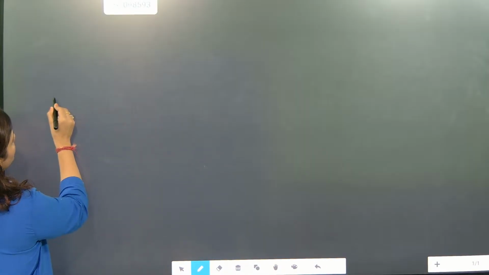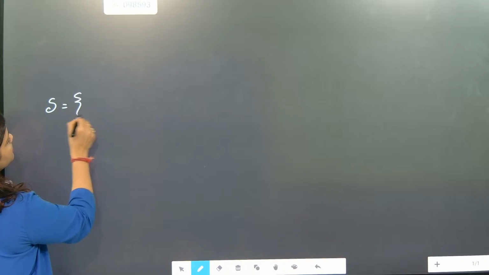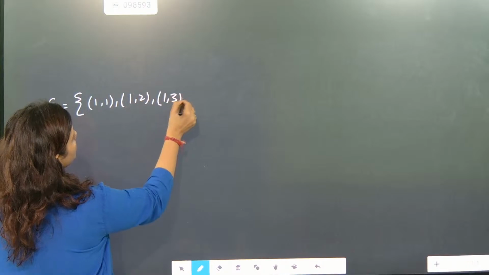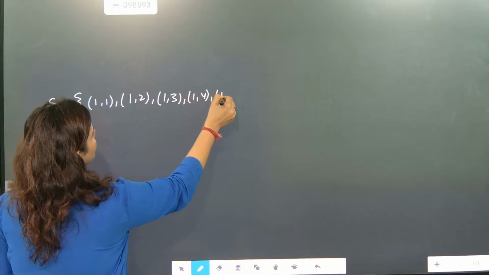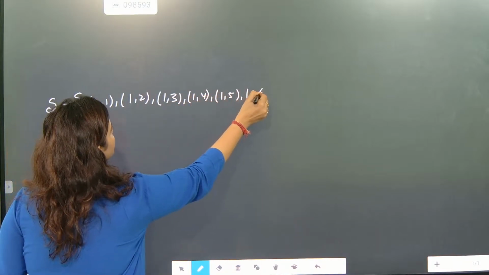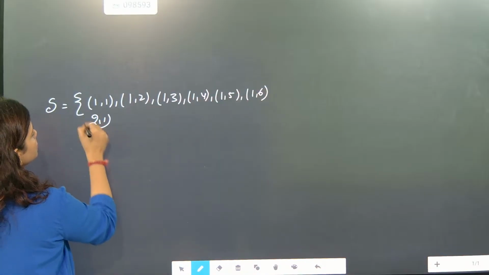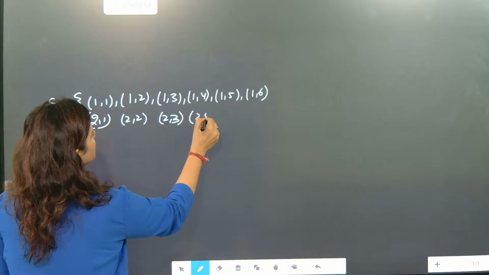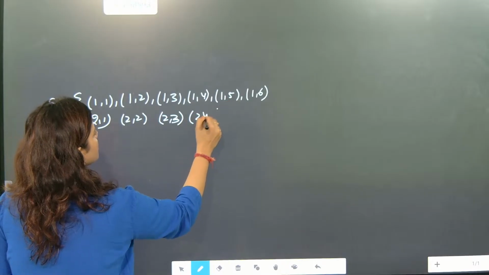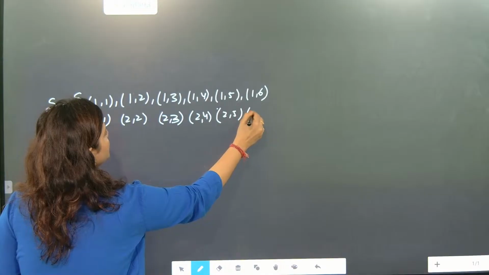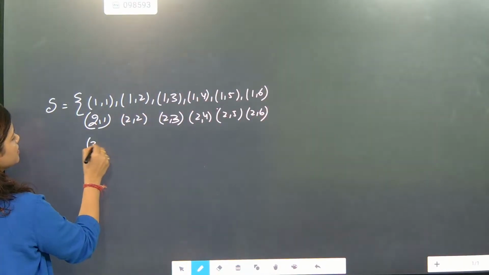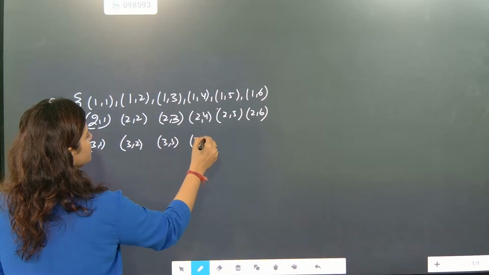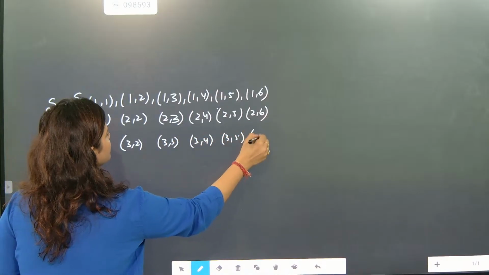What outcomes are there in the sample space? The sample space outcomes can be (1,1), (1,2), (1,3), (1,4), (1,5) and (1,6). The second row can be (2,1), (2,2), (2,3), (2,4), (2,5) and (2,6). Then (3,1), (3,2), (3,3), (3,4), (3,5) and (3,6).